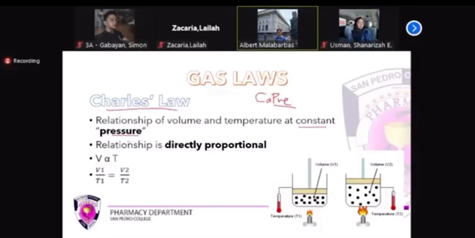It is said in Charles' law that the relationship between volume and temperature is directly proportional. It means that if you increase the temperature towards the gas, the volume increases. The formula is V1 over T1 equal to V2 over T2. Charles' law.